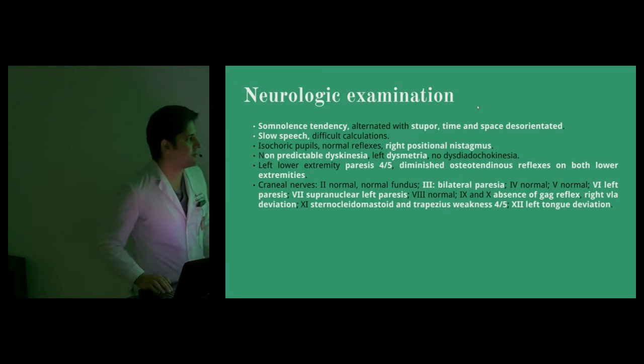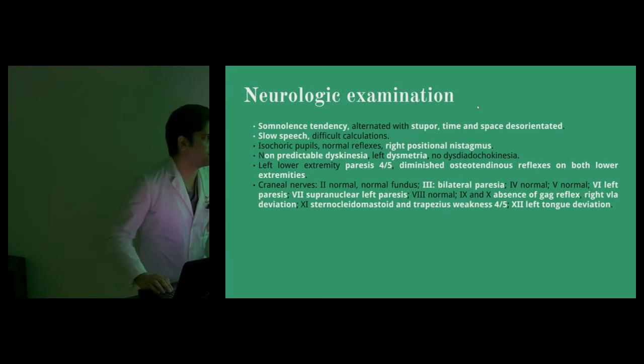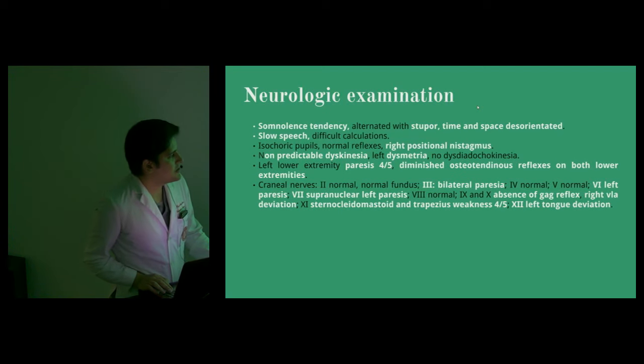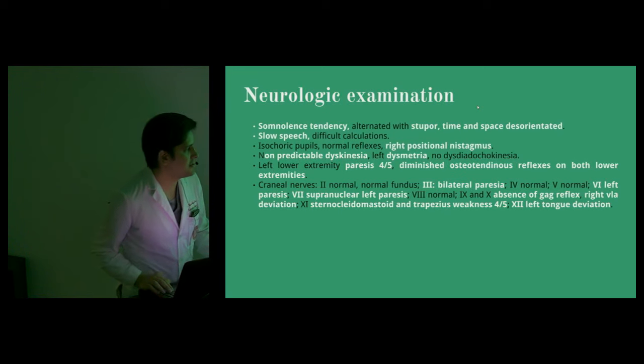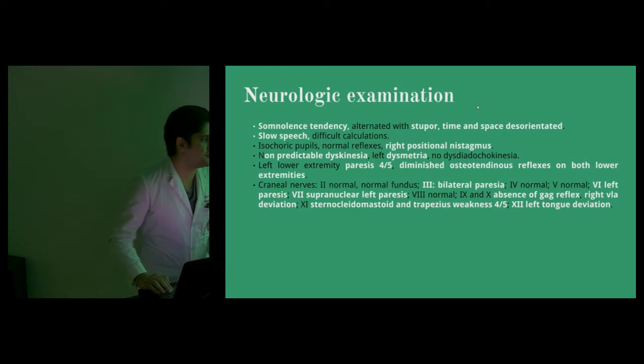On the cranial nerves, he had bilateral paresis of the oculomotor nerve, left paresis of the 6th cranial nerve, supranuclear paresis, left paresis of the 7th nerve, and he had absence of the gag reflex, and sternocleidomastoid and trapezius weakness.